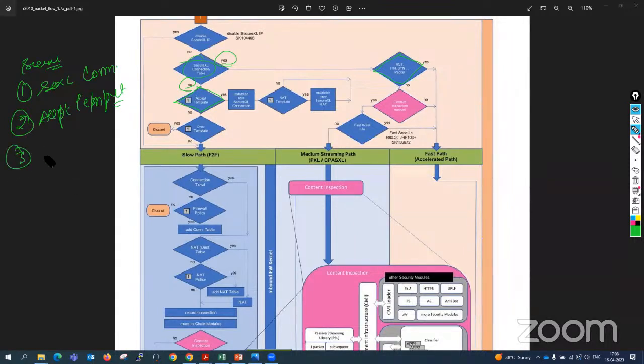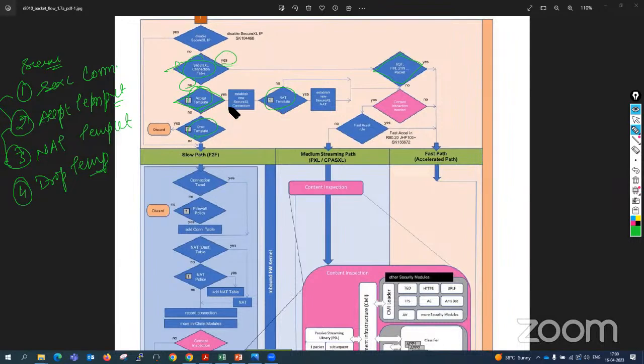Then the third thing it maintains is the NAT template. The fourth thing it maintains is the drop template. So these four templates SecureXL maintains. You can see the first is the accept template, then the NAT template, then the drop template, and we do have this connection template. Right? You guys can see over here, right?